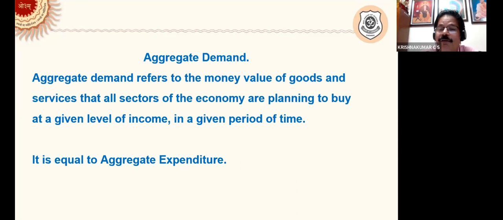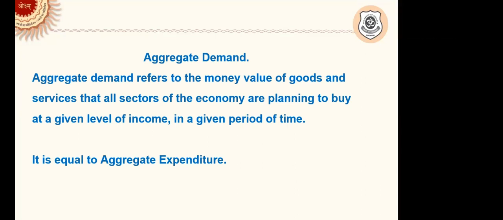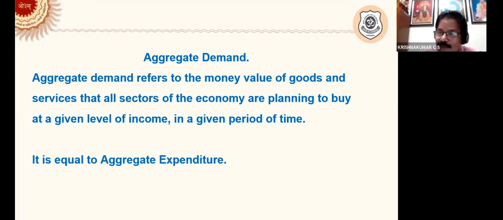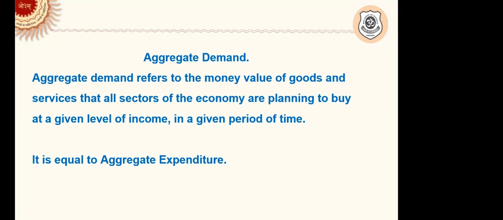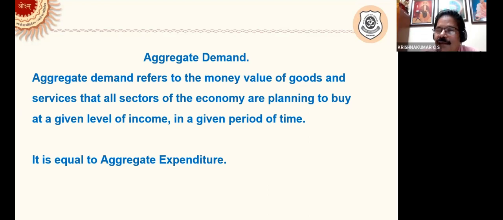No, autonomous consumption. Even at zero level of income, there will be aggregate demand, because people cannot live without consuming basic goods and services. They will take their past savings, take money from that, and with that they will consume.